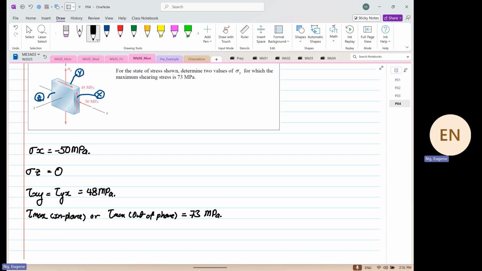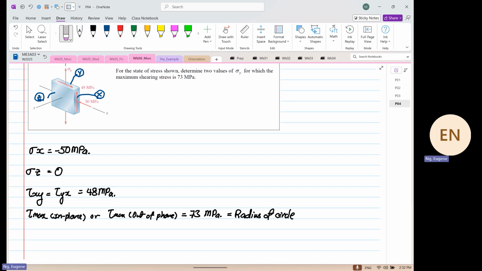So the circle diameter cannot be more than 73 megapascal, but some situations are in plane, some situations are out of plane. For this case, this is also known as the radius of our circle, sometimes or most of the time.